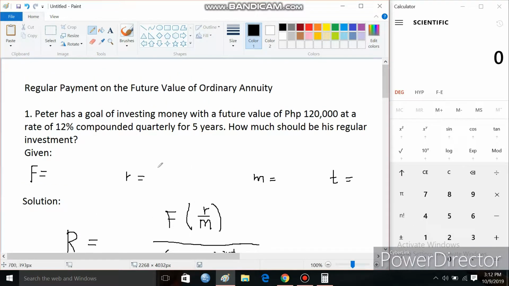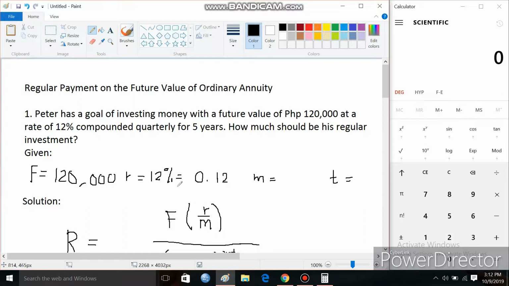So the first step is to identify the given values in this example. The future value is 120,000. Next, the rate is 12%, or 0.12.